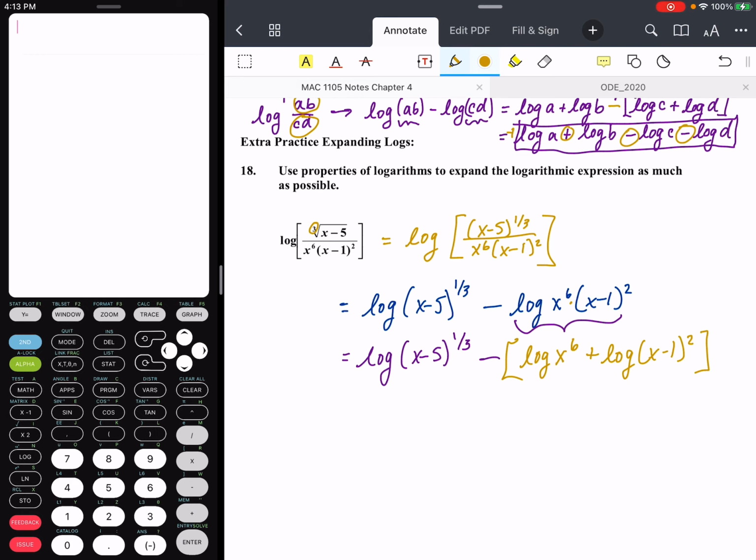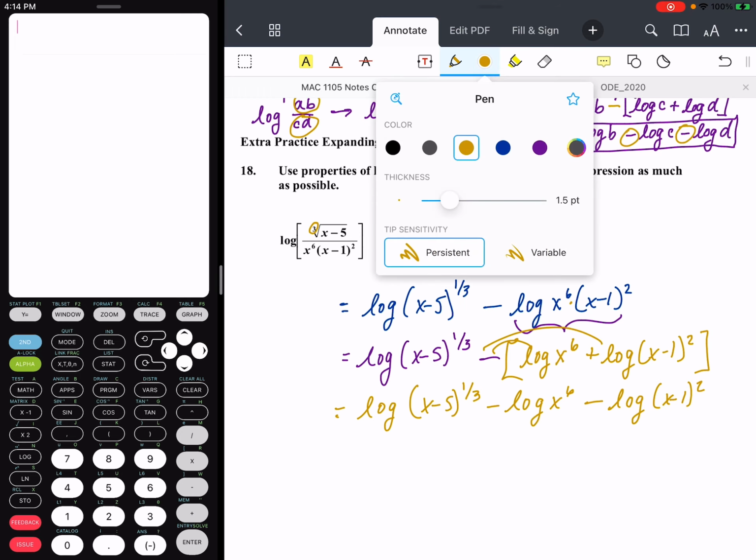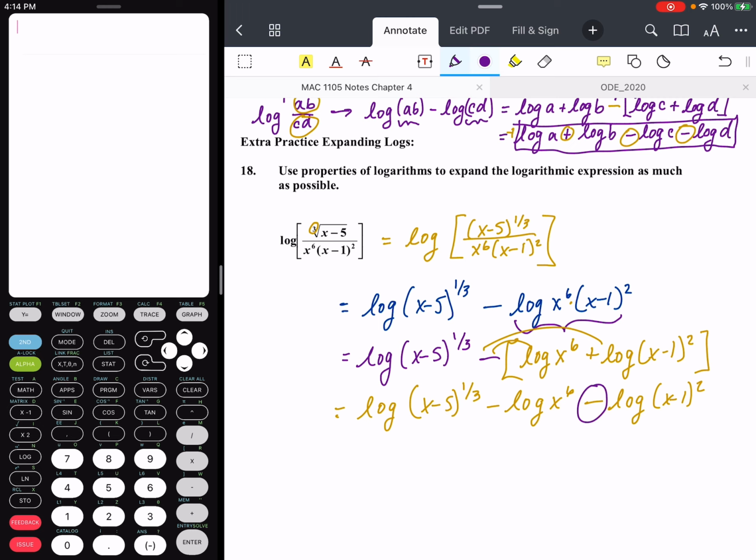But just like we did above, remember to distribute that minus sign. So now we have log of x minus 5 to the 1/3 minus log of x to the 6th minus log of x minus 1 squared. And this is the guy that you're in danger of dropping. A lot of people will put a plus sign there and then it'll drive you nuts why it's being marked wrong.